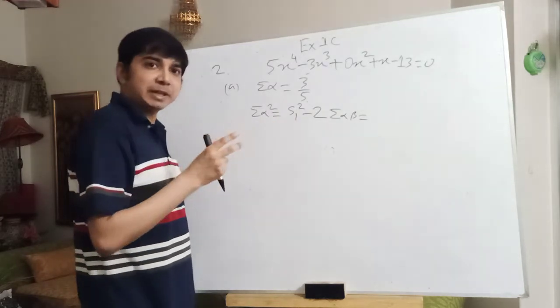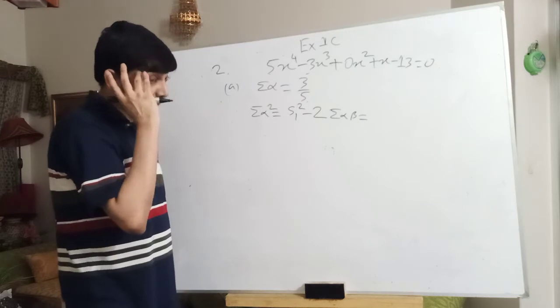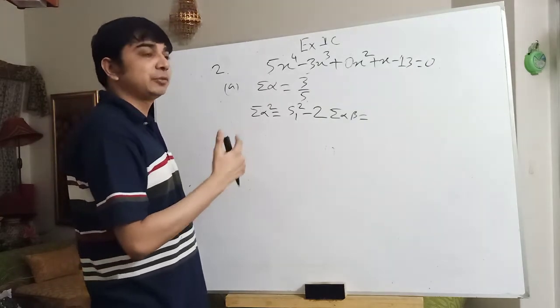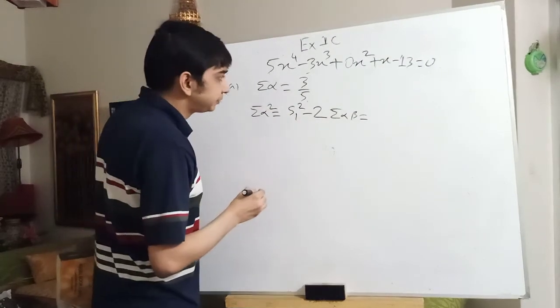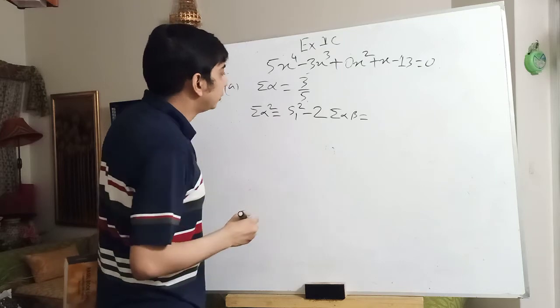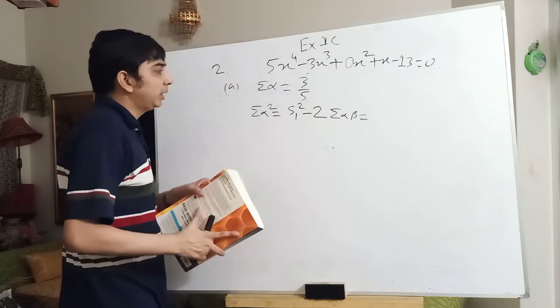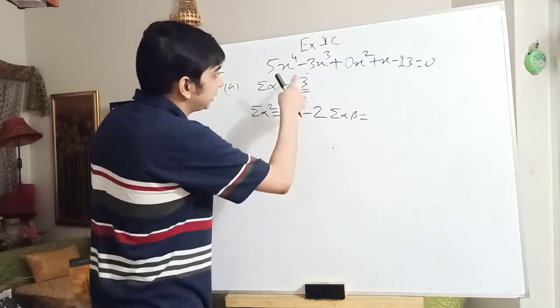Up to the quadratic equation it's very easy to do, but for cubic it becomes a bit long and tedious, and for quartic it becomes even more tedious, but this formula is there for you to use. So s1 whole square minus 2 into sigma of alpha beta. s1, alpha plus beta plus gamma plus delta, is 3 by 5.